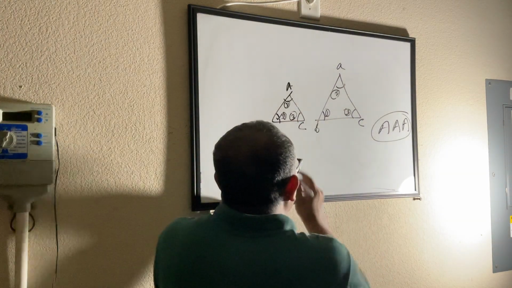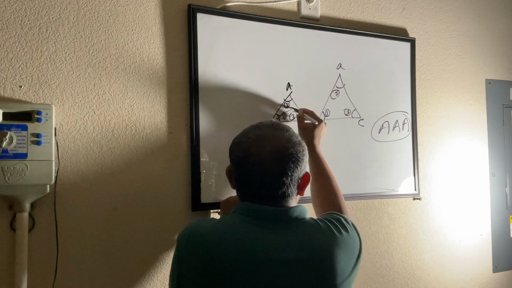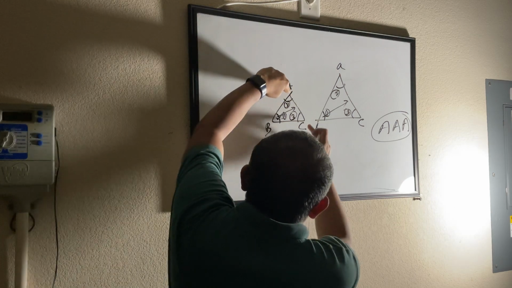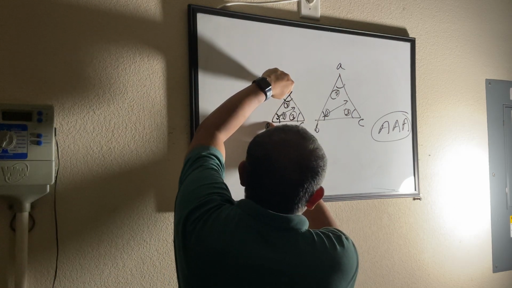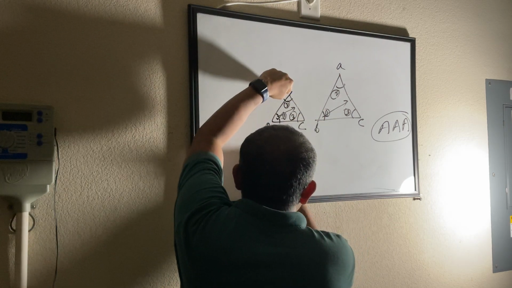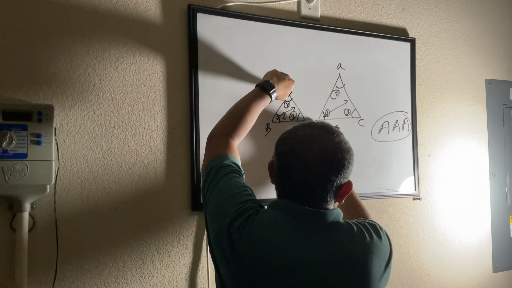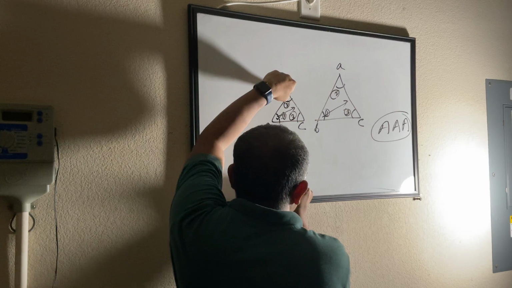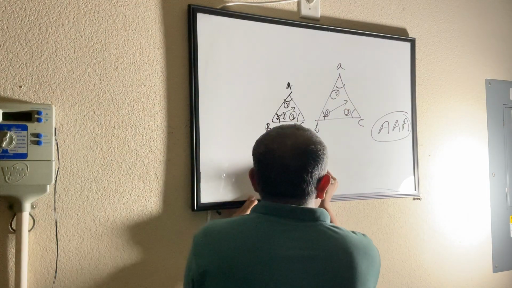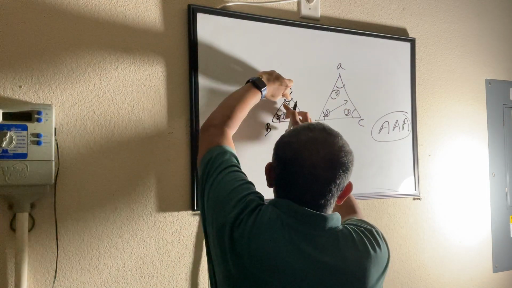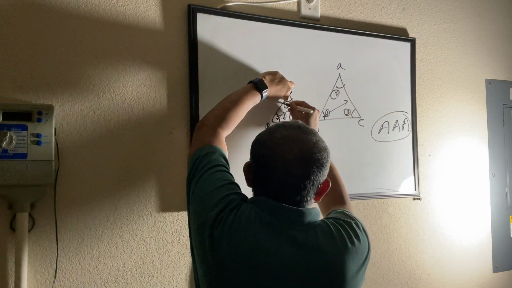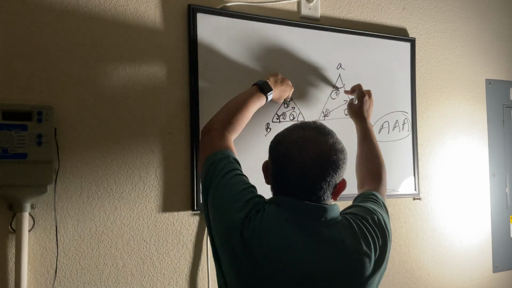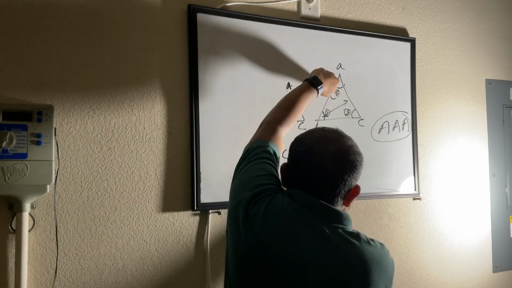That means the side opposite to the angle. So the side opposite to this angle 1 is AC, and the side opposite to this angle 1 is small ac. This will be equal to, pick the second angle which are the same, the side opposite to that is BC, and the side opposite to this is small bc.